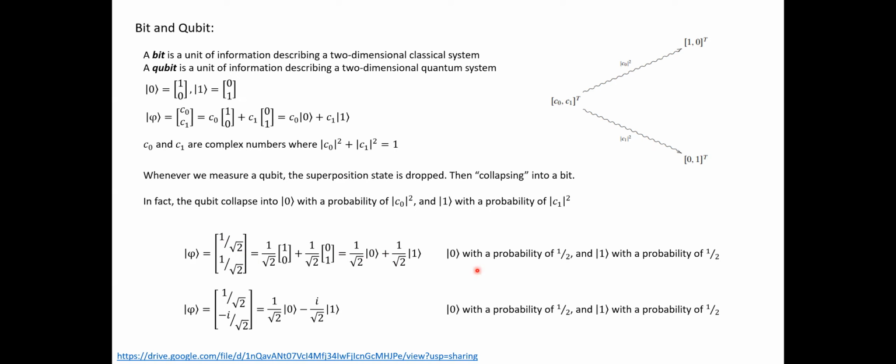If we compute the probability for each state, it's 50% for the state 0 and 50% for the state 1. Another example is the one below. This vector has a complex number in the second component, for the state of 1. So it means that from the point of view of measuring, both are equivalent.